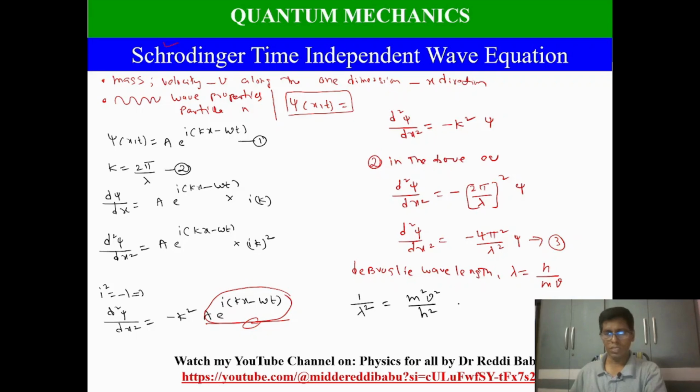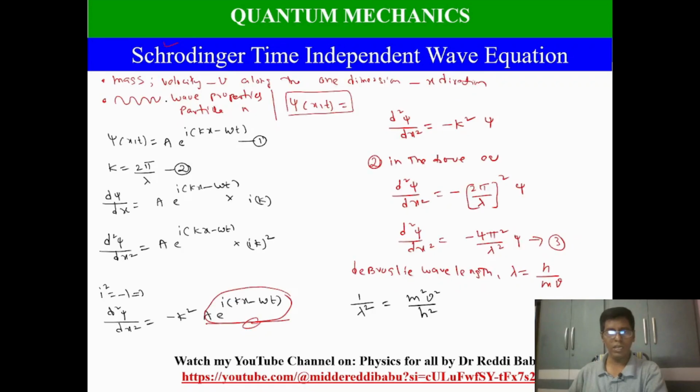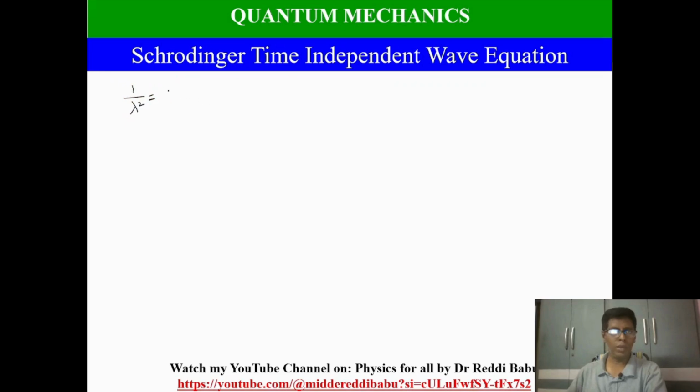Now I am simplifying this equation in another way. Left hand side is 1 divided by lambda square, and right hand side is m square v square by h square. Listen carefully here. I am writing this equation by multiplying with 1 by 2, 1 by 2 into 2.